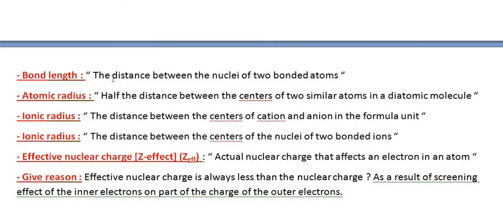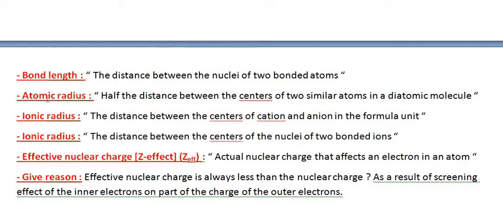So the bond length is the distance between the two nuclei of the two bonded atoms. Atomic radius is half the distance between the two centers, meaning the two nuclei, of the two atoms in a diatomic molecule. A diatomic molecule means two similar atoms combined together.